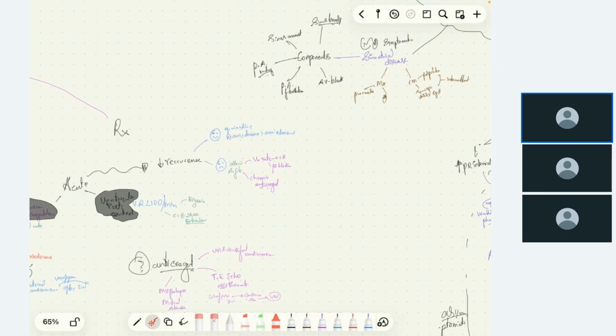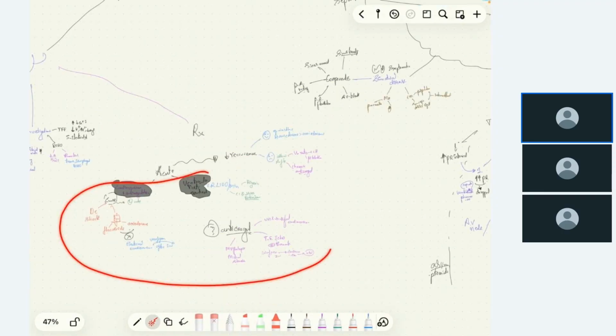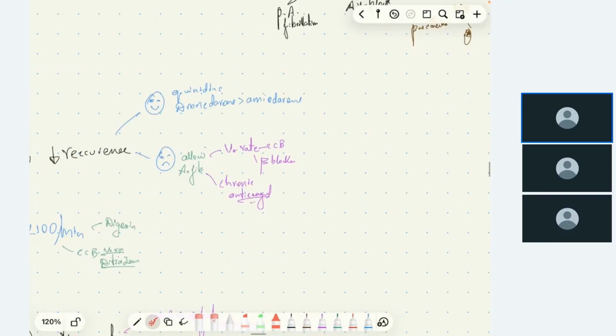Now, you have tried all these things, but the patient has not improved, meaning the cardioversion is unsuccessful. The rate and rhythm are resistant to your treatment. Then we'll let the atria keep fibrillating.